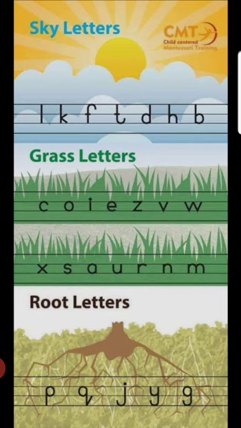And in the next 2 lines, the letters C, O, I, E, Z, V, W, X, S, A, U, R, N, M are written in between 2 lines and are called grass letters. And in the last line, the letters P, Q, J, Y, G are touching the last root line and are called root letters.